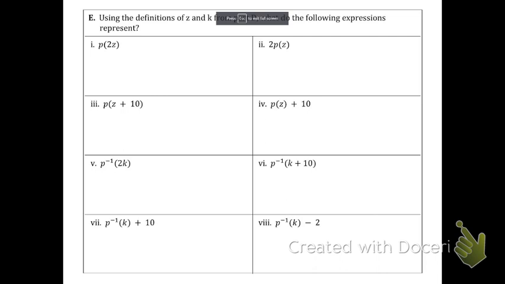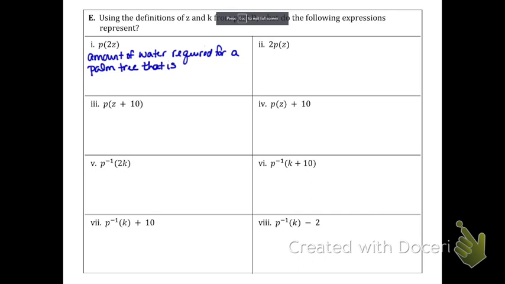So P of 2Z, so this would be equal to K, so it's the amount of water required for a palm tree that is, and then remember Z is the average height, so this is 2 times the average height.